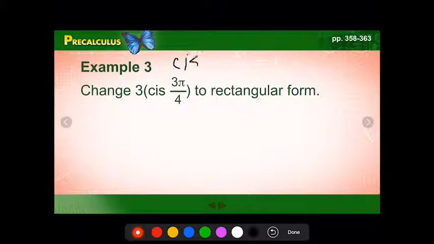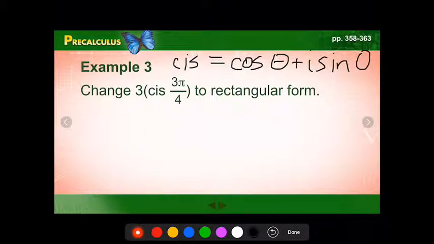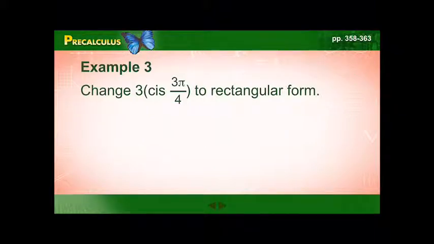CIS stands for cosine of theta plus I sine of theta. You have to memorize that, or at least have it written down and know what it stands for. So your first step is to rewrite CIS of 3 pi over 4 in terms of cosine of theta plus I sine of theta. So that's the very first thing that's done here.